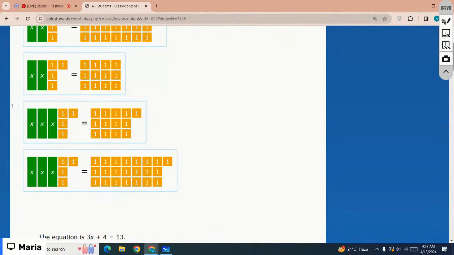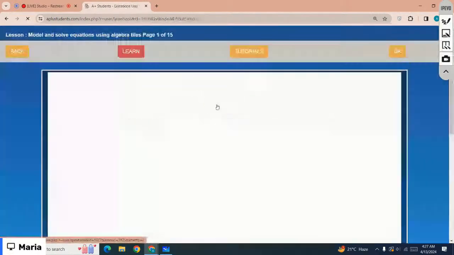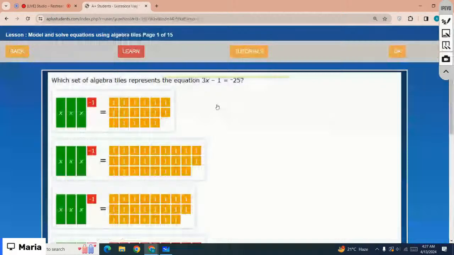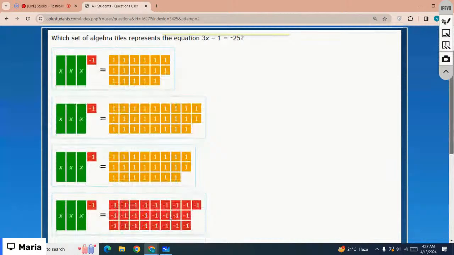Let's just start with the test questions. Which set of algebra tile represents 3x minus 1 equals negative 25? So, which is the correct option? Okay, 3x minus 1. 1, 2, 3. 3x minus 1 minus 25. This is the correct option. Option number 4.